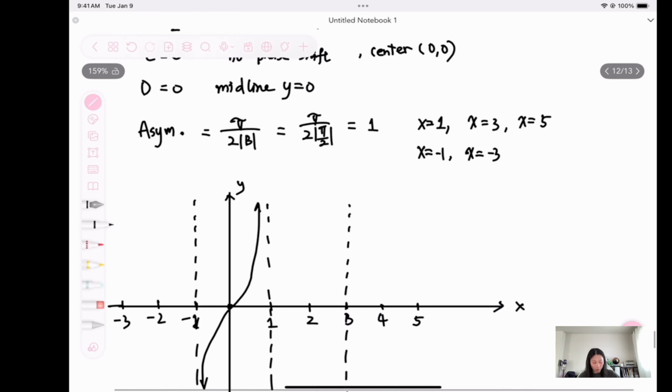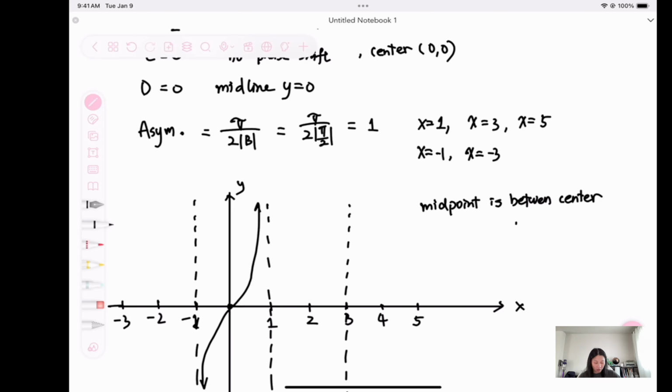The midpoint is the middle between the center of the graph, which is (0, 0), and the asymptote, which is at x equals 1/2. So we have our midpoint in here.